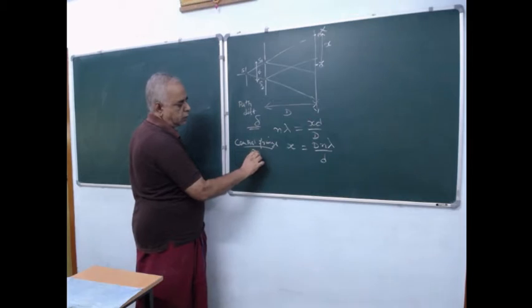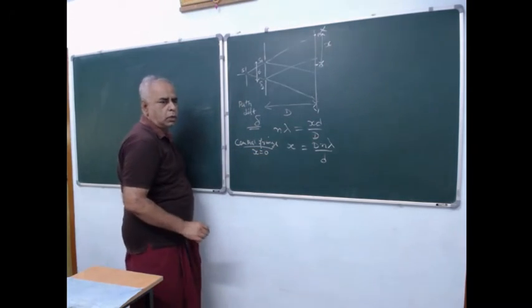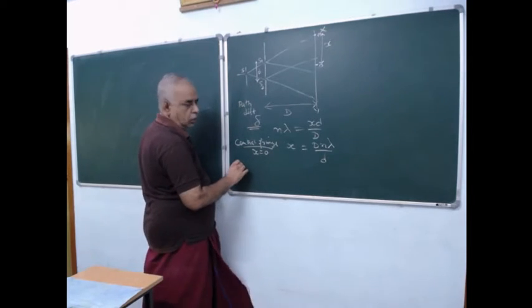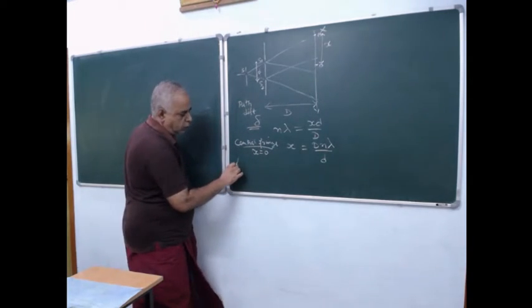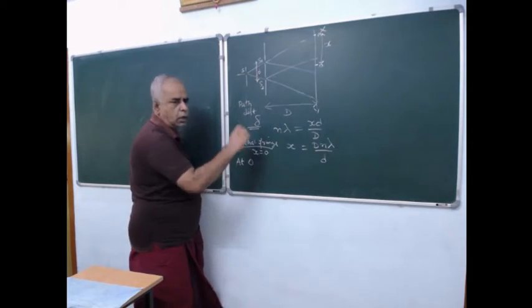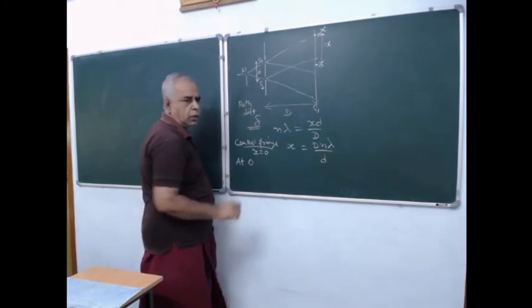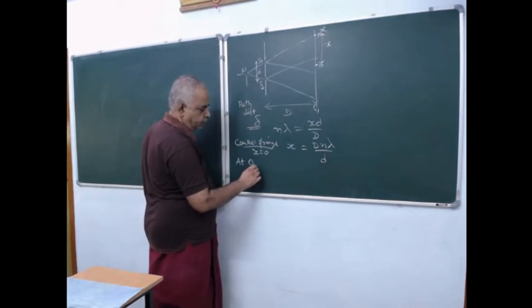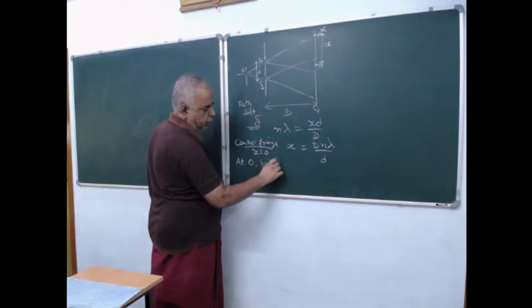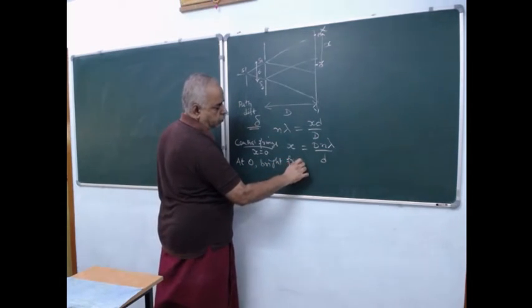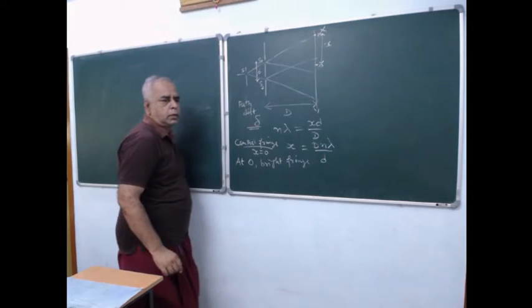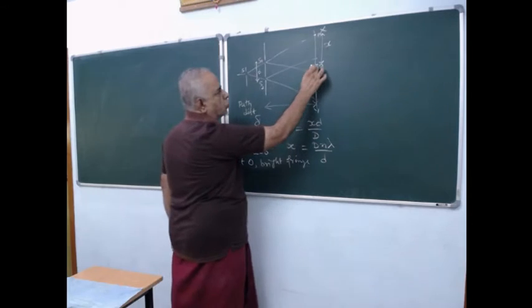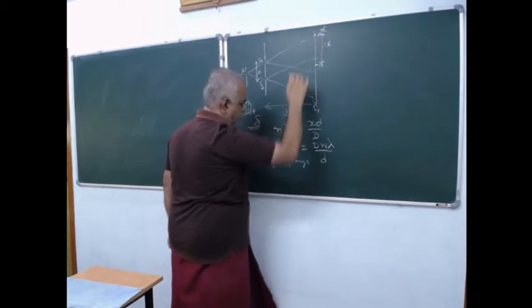At O, the central bright fringe is observed. Now let me consider x1, x2, x3, x4, like that, from O.